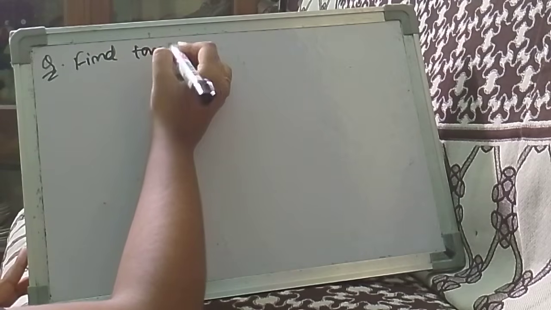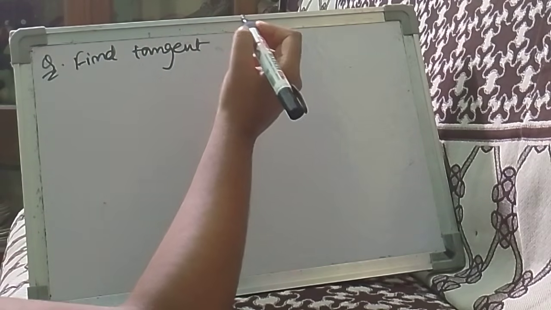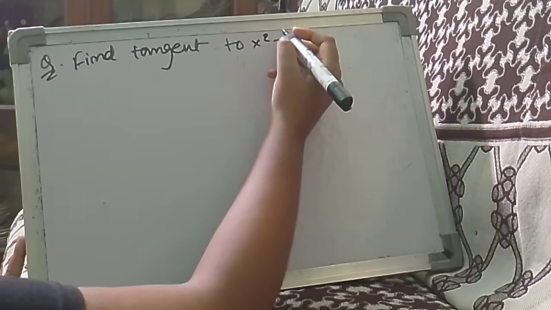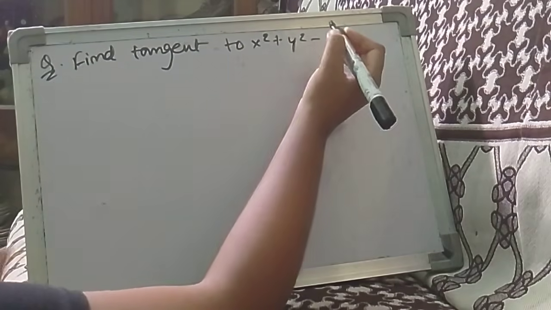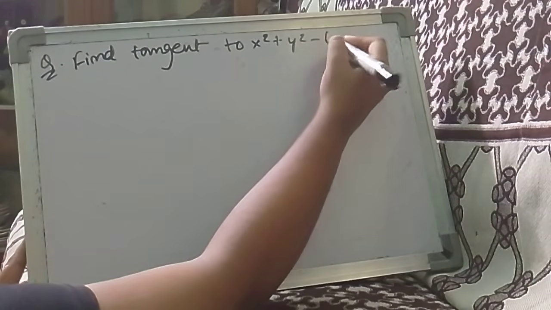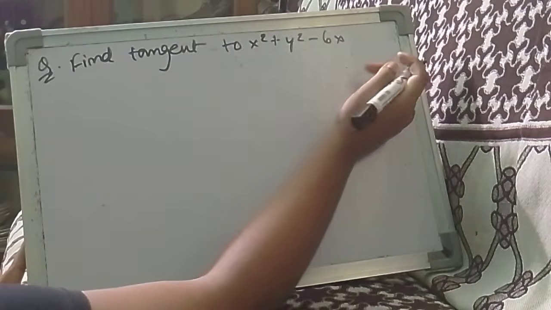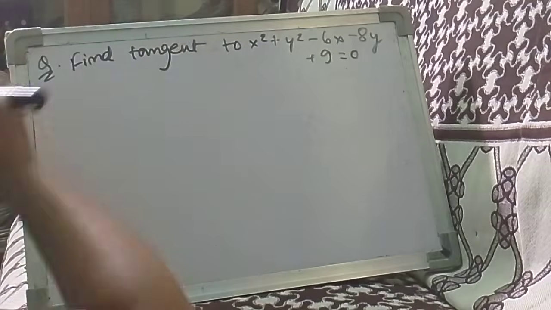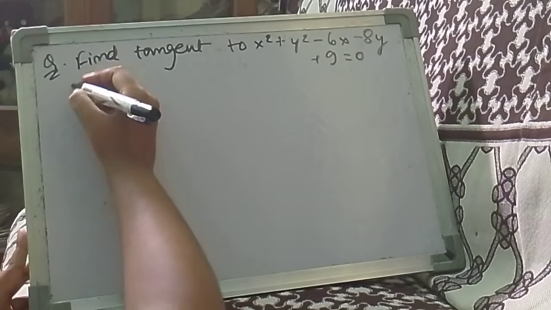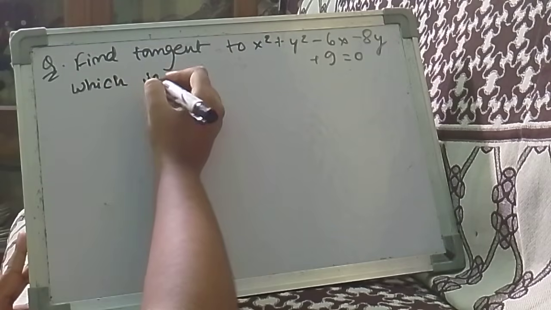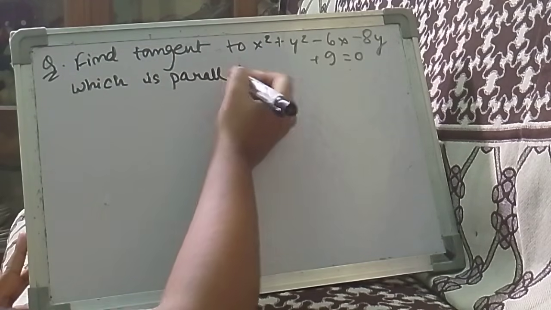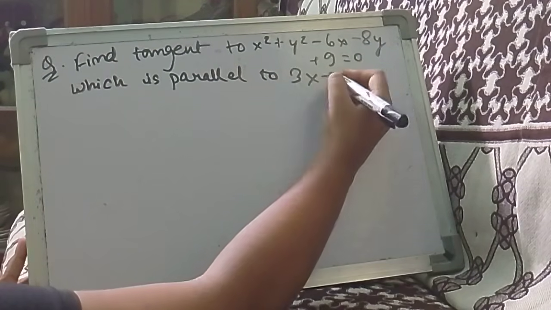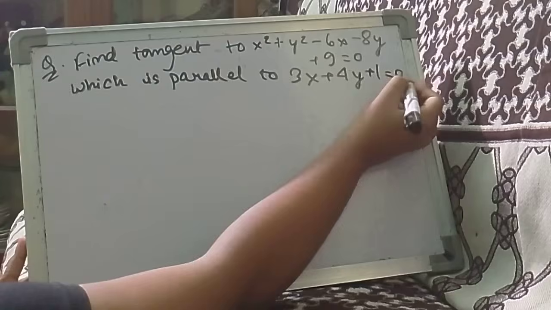Tangent to x square plus y square minus 6x minus 8y plus 9 equals to 0, which is parallel to 3x plus 4y plus 1 equals to 0.